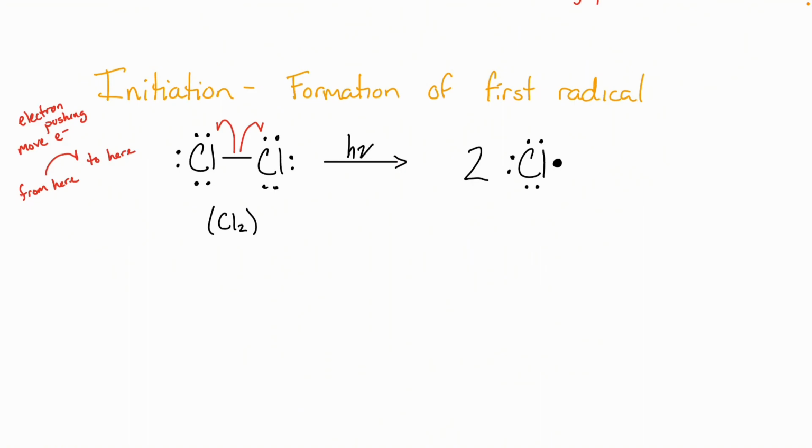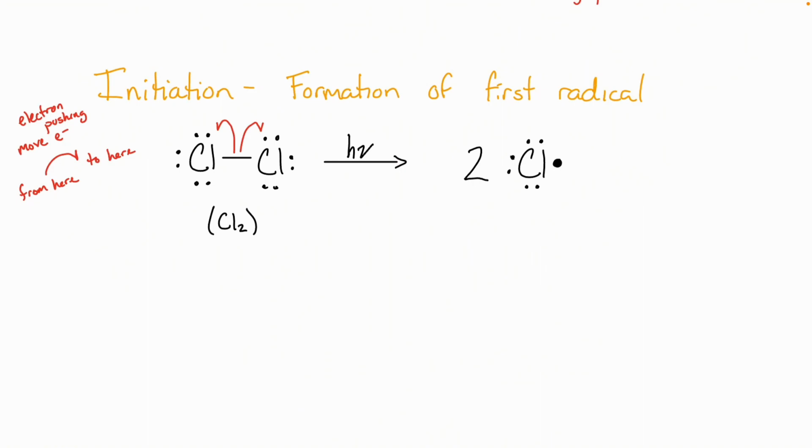Right? So what's being represented here is we're picking up one of these electrons and putting it onto this atom, picking up the other electron and putting it onto that atom. That's how we get our two chlorine radicals out of it. So that is the initiation step, the formation of that first radical.